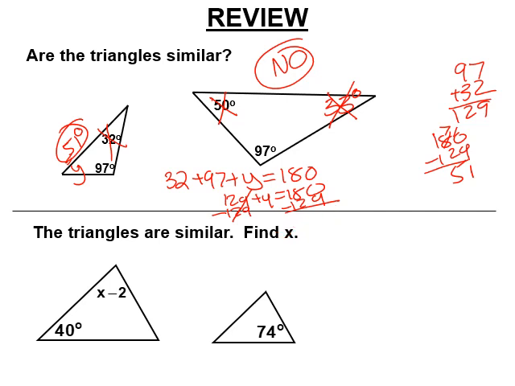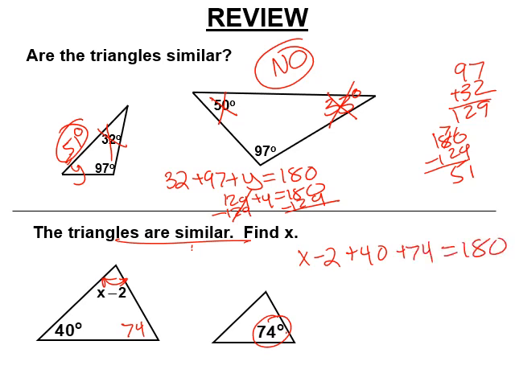So we're going to find x here. If this one's 74 and I'm saying they're similar, that means that's 74. And so x minus 2, that angle right there has a measurement of x minus 2. That plus the 40 plus the 74 equals the 180.